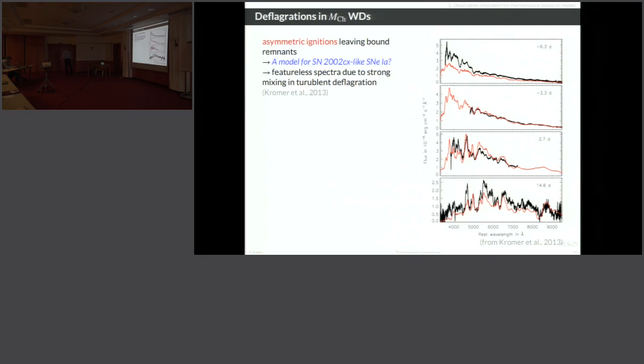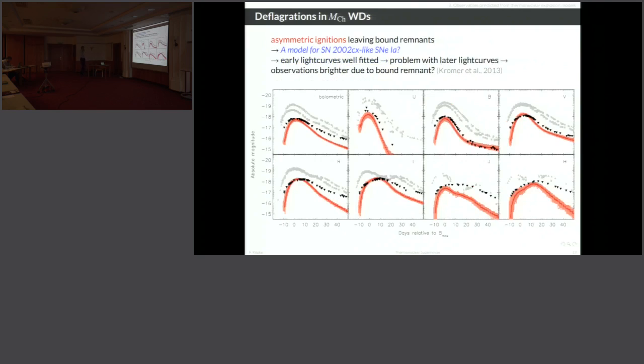So this is actually a prediction from the model, from the mechanism, namely the turbulent combustion with all these instabilities, that this would lead to a featureless spectrum. And indeed, there is a subclass of supernovae, the 2002cx-like objects, that have such a featureless spectrum. If you compare the light curves, then you find also a reasonable match, at least in some of the wave bands. So these are faint objects, as predicted by our models also.